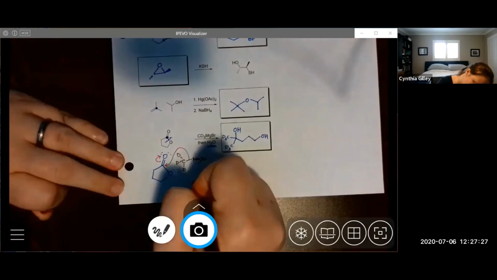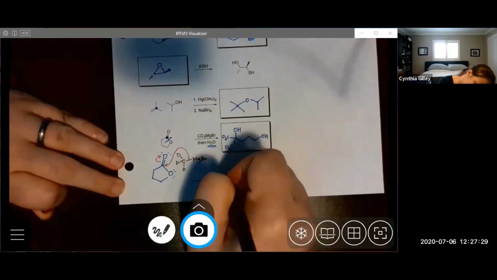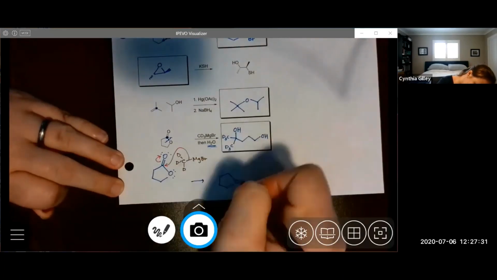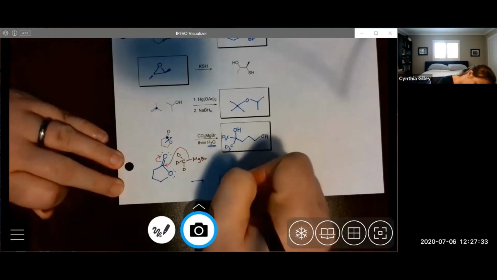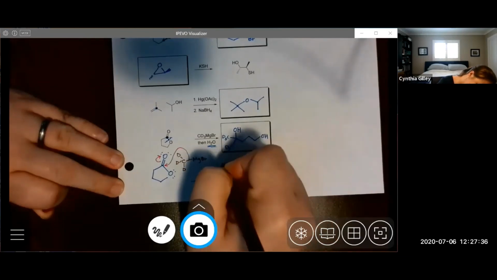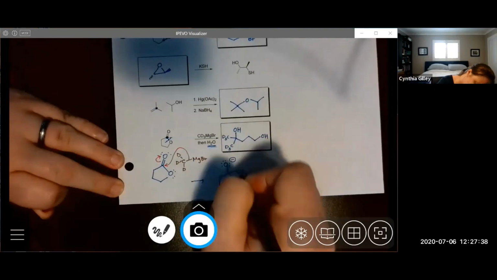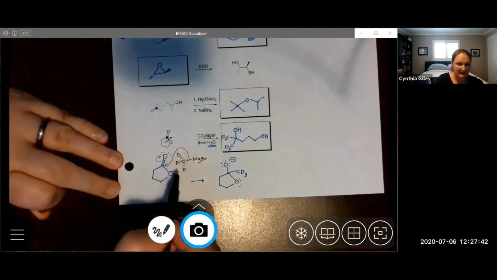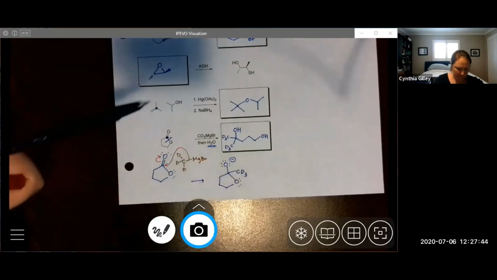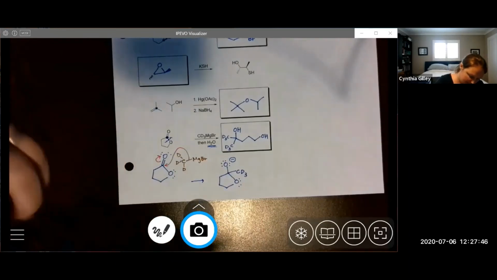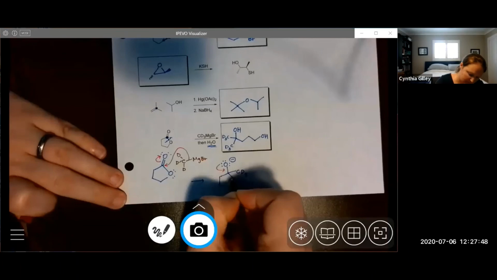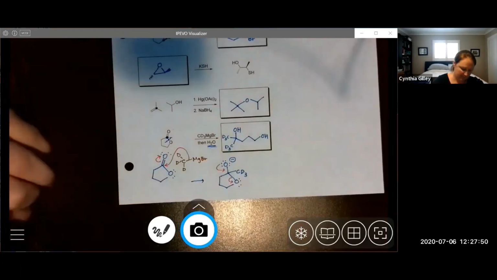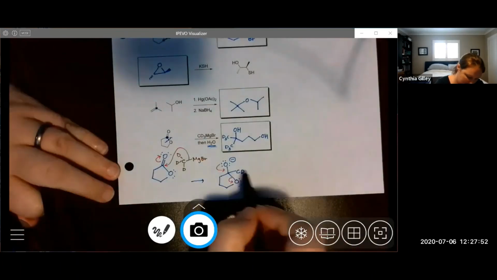And that will generate a carbon which has 3 deuteriums attached, and a negatively charged oxygen. Basically, instead of adding methyl, we've added CD3. And then we can kick out this as a leaving group, just like we would. This wasn't deuterium.